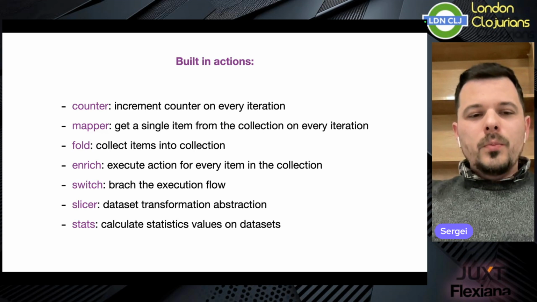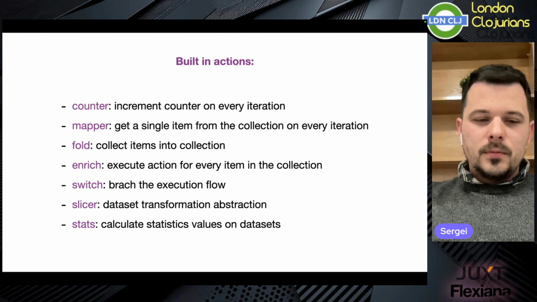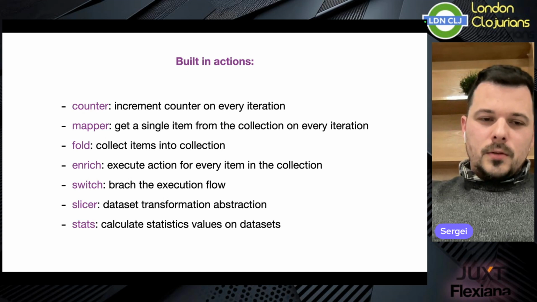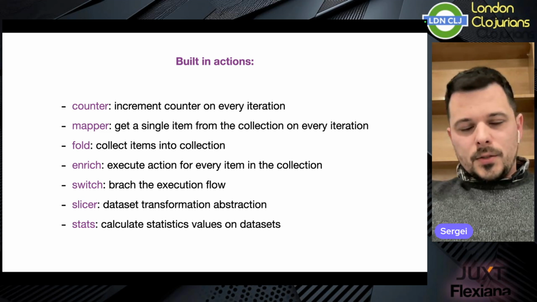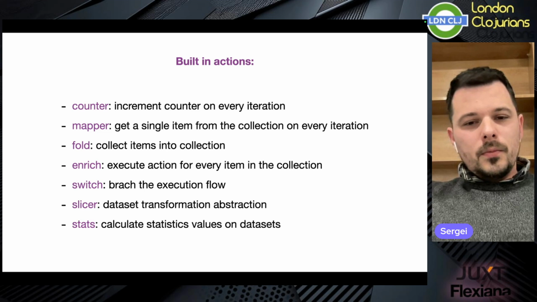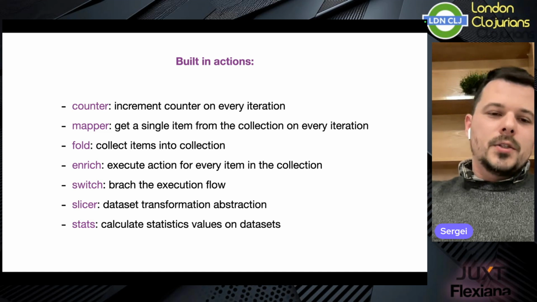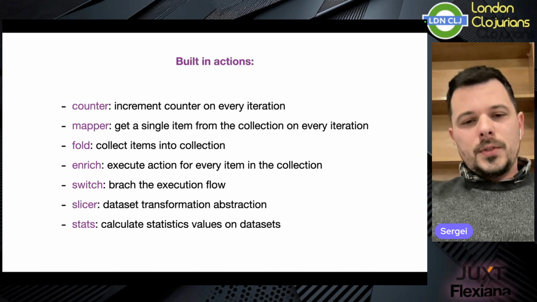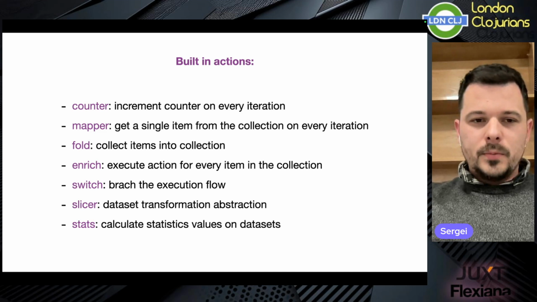So when you're working with the slicer action, you're actually working with data frames, or datasets in the terminology of the TechML library. And we have the stats action, if you need to calculate mean, sum, or variance on the collections based on columns. So you don't have to reduce, you can just put stats with the metrics you're interested in, and it will give you some responses.